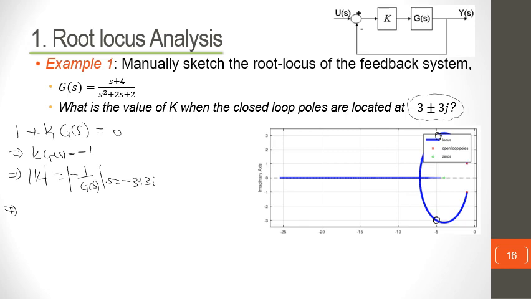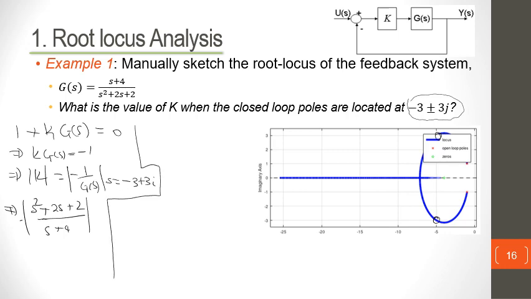So this means that we have the magnitude of, remember this is the opposite of that, the magnitude of (s squared plus 2s plus 2) over (s plus 4), which is the 1 over K. It's negative, but it doesn't matter, because as long as we have the magnitude, we know the value that comes out of here is going to be positive anyway, so we don't need to insist on the negative value.